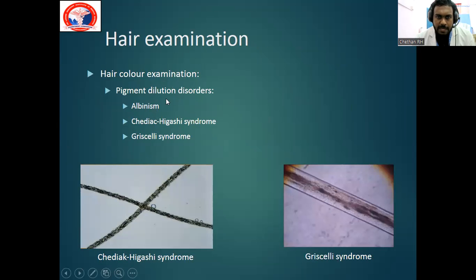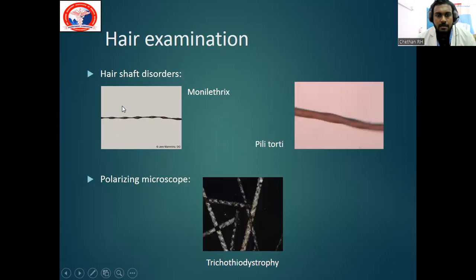certain pigment dilution disorders such as albinism, Elejalde syndrome, and Griscelli syndrome. There will be a decrease in the amount of melanin in the hair. So this is called pigment dilution. That again is a helpful modality. And shaft disorders such as monilethrix and pili torti can also be diagnosed using hair examination.